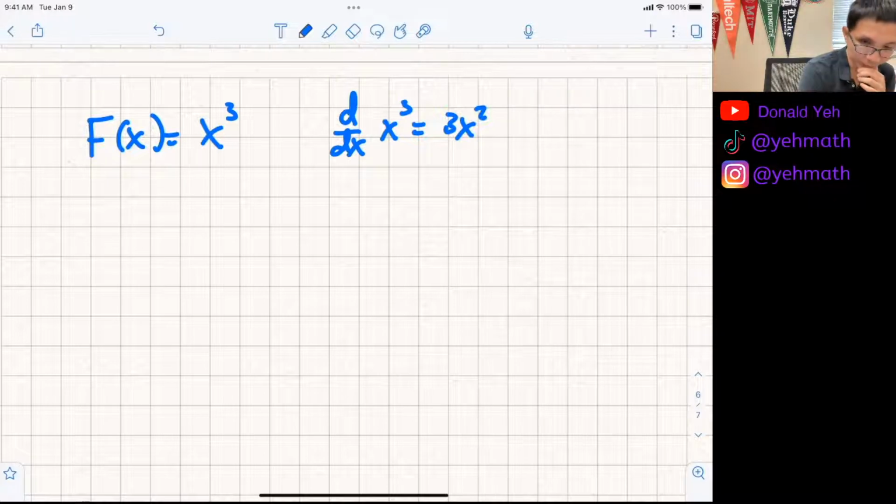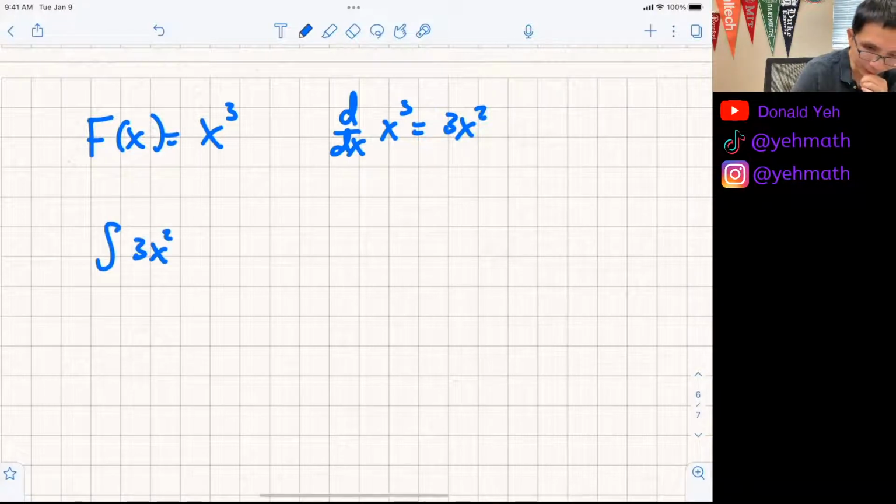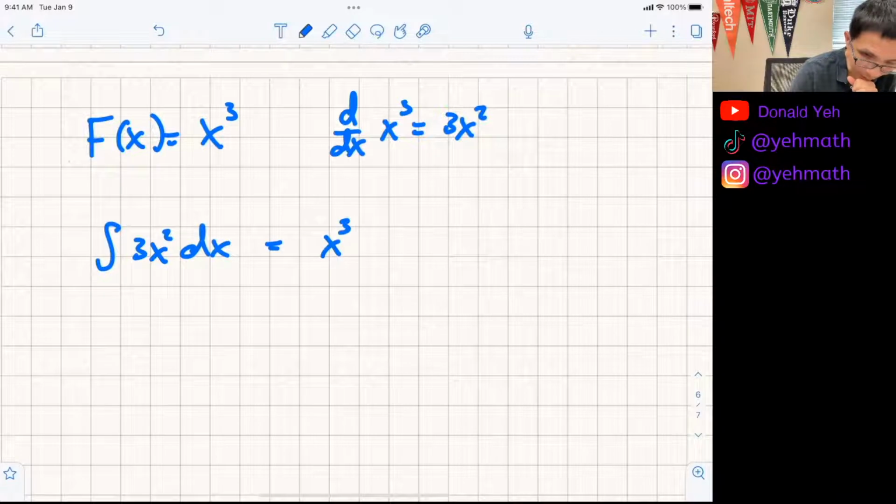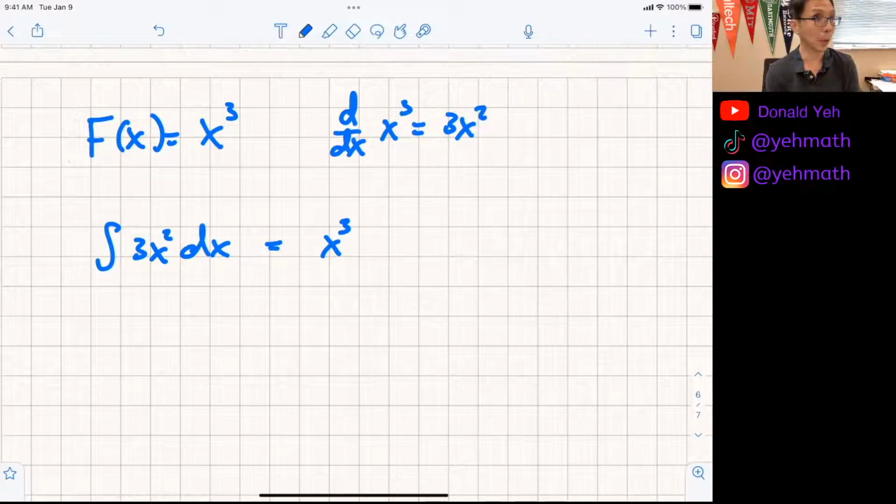So what is the integration of 3x squared? X cubed, good. But there is something else more. It's not just x cubed.